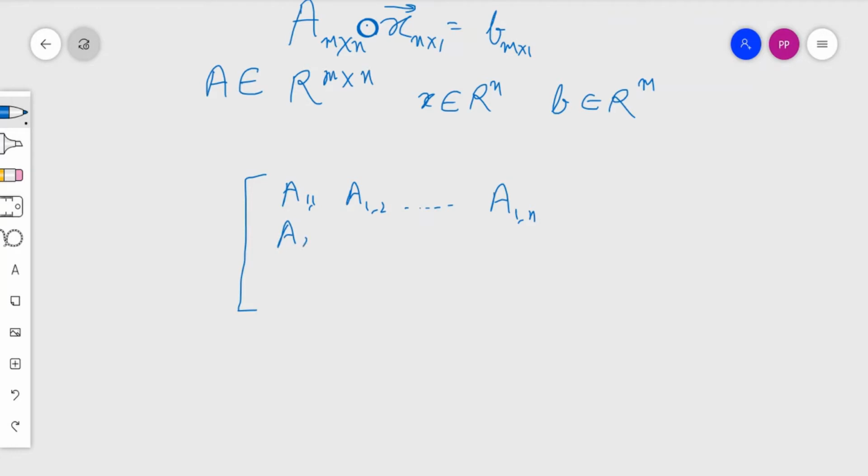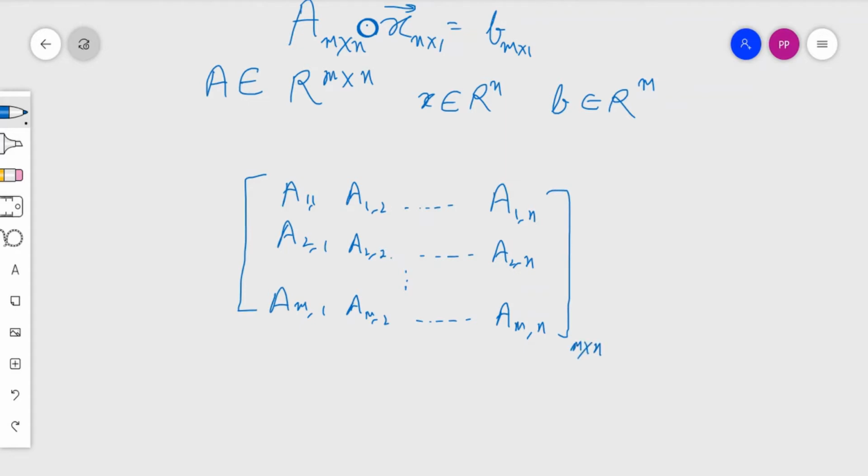Like this we can have A21, A22 up to A2n. This will go up to Am1, Am2 up to Amn. So this will be definitely matrix A of order m by n.